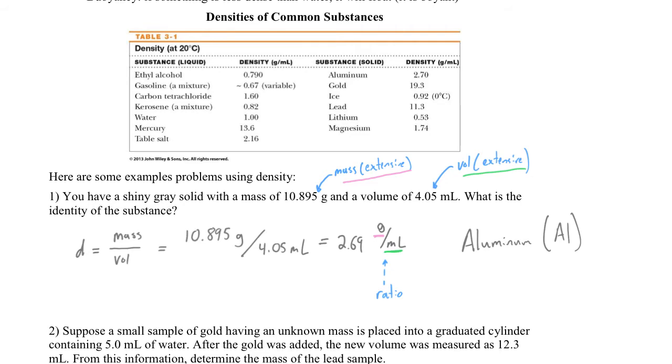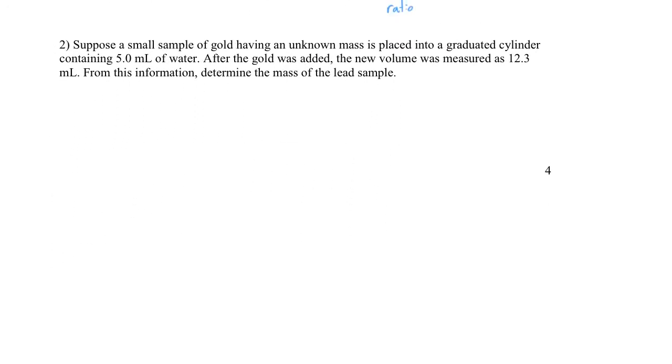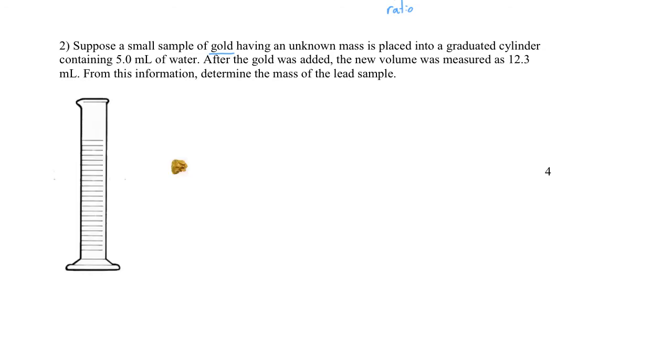Now, sometimes we already know the identity of the substance we have, but we might want to use density to help us figure out some other property. Say, for example, we have a small sample of gold. Now, we don't know the mass of this gold, but we want to figure it out. We can place that mass of gold into a graduated cylinder. Graduated cylinders let us measure volume.